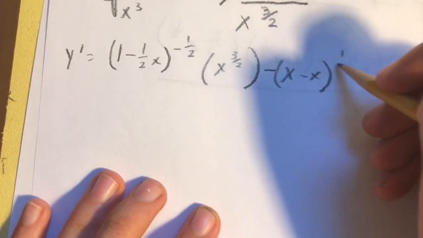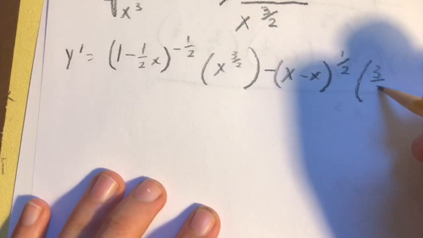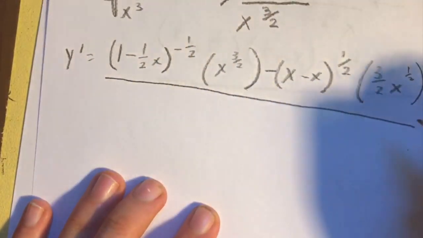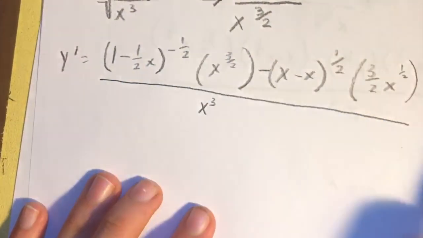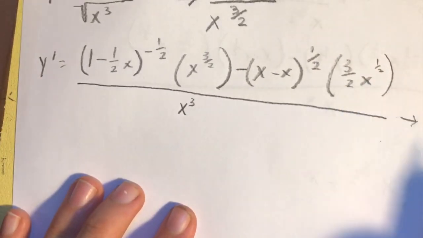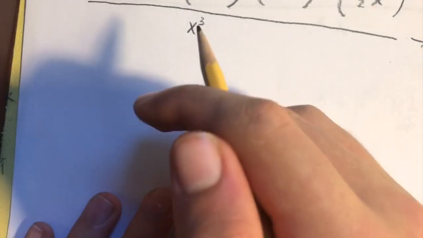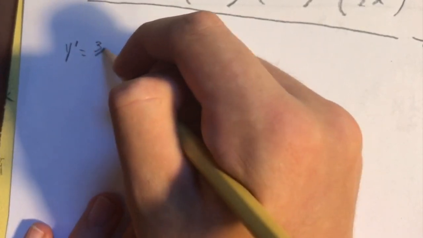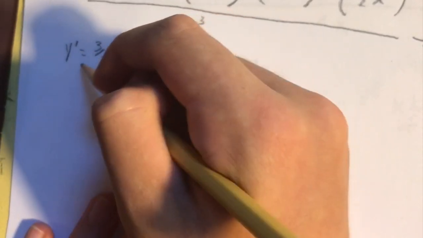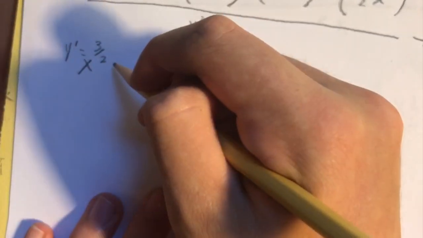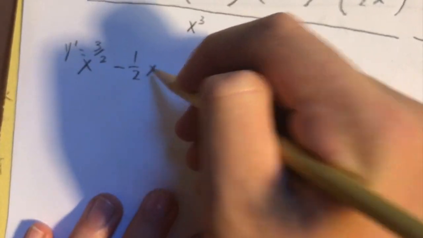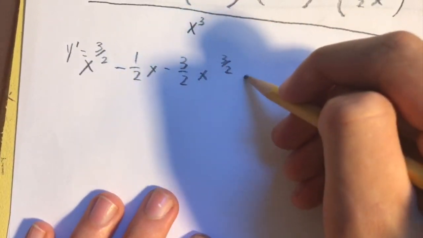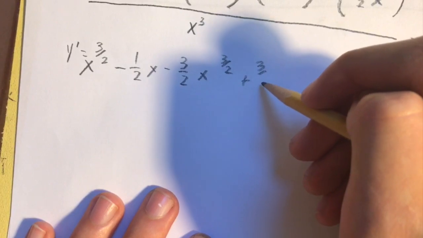And of course, don't forget to square the denominator. And now the simplification can begin. We make sure to multiply all the values in the numerator so that we can later combine all the like terms to get our answer.